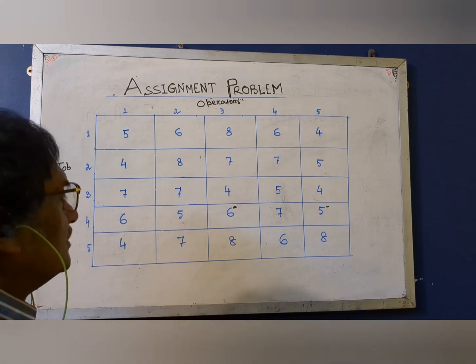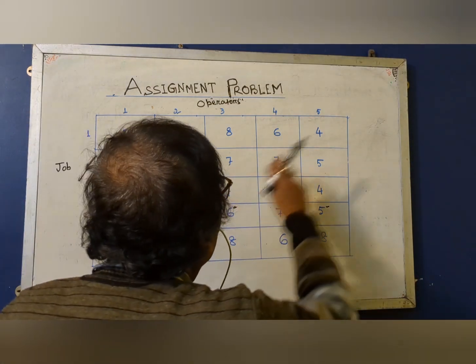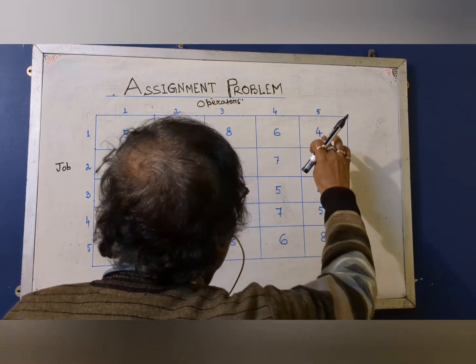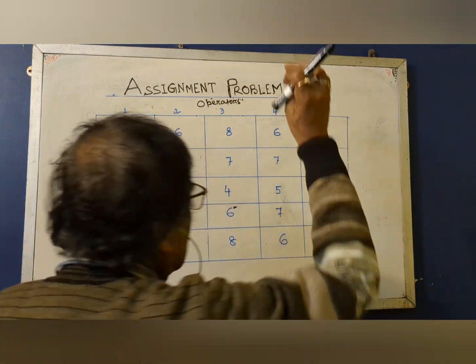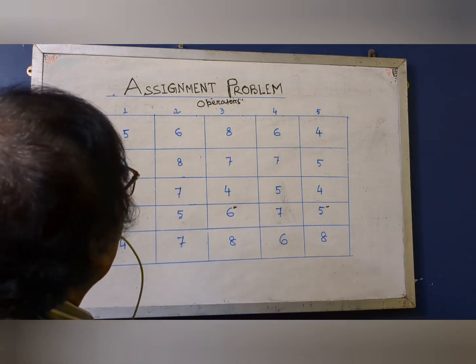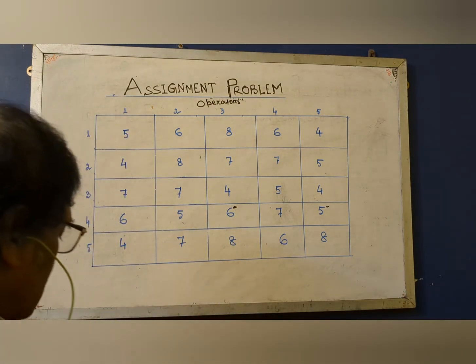This is the first step. Again I am repeating the first step. For each row, row 1, row 2, row 3, row 4, you will identify the lowest element, in this case the lowest time, and subtract it from all other elements and form a revised matrix.